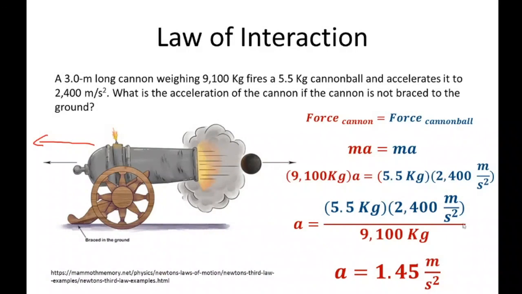Then you would really see this one accelerating to the left at 1.45 meters per second squared. That will be all for our discussion, that will be all for the computation and the mathematical part of Newton's laws of motion.